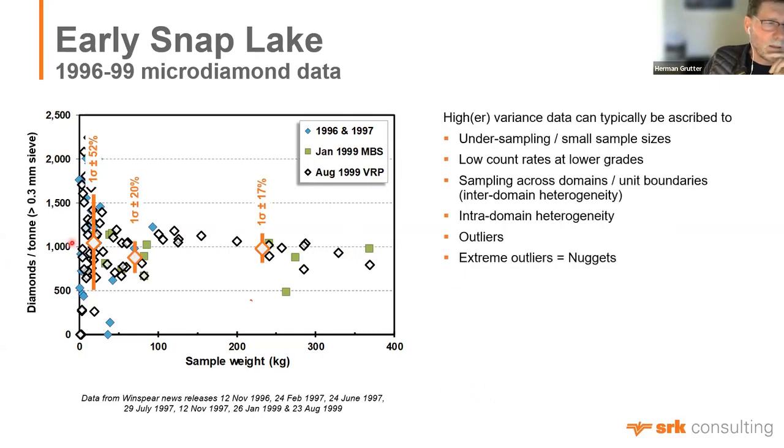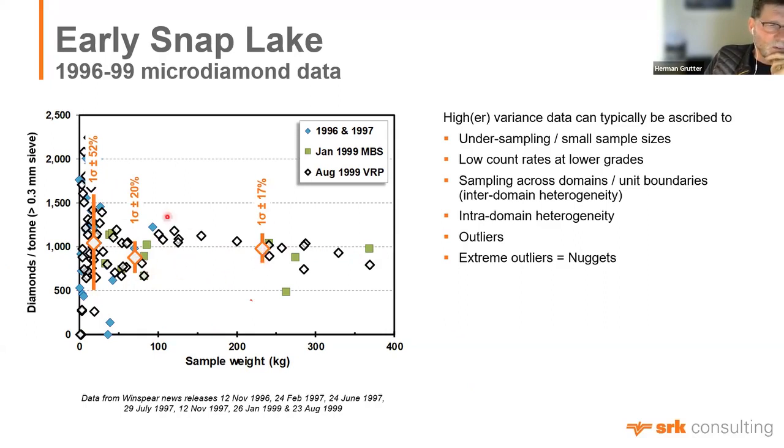The variability in your data is very high. The 1 sigma is very high at small sample sizes. As you approach roughly 100 kilos in this data set, that variability starts decreasing markedly. And as you go higher than that, it stays roughly the same.